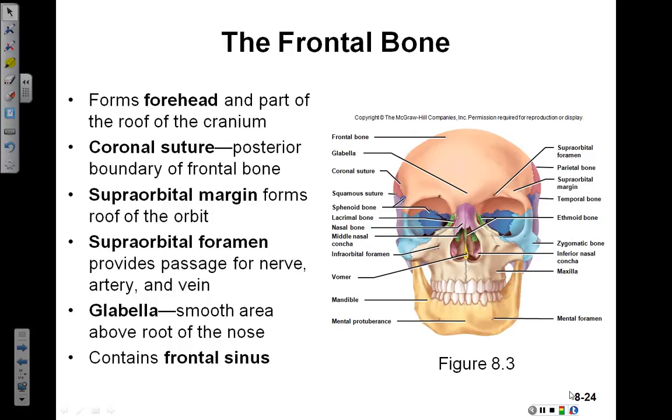Of course, it houses your lacrimal fossa, which has your tear sacs. So your tears are secreted in the lacrimal fossa, which is a part of the lacrimal bone. The lacrimal bone is the smallest, about the size of your little fingernail on your pinky finger. Okay? That's how large it is. You got it?